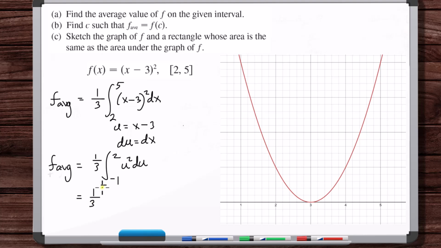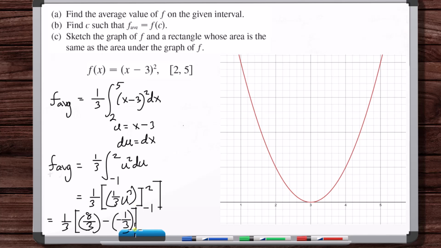So we've got 1/3 u cubed evaluated from minus 1 to 2. So 1/3, and then 2 cubed is 8, so 8/3 minus, and then minus 1/3.